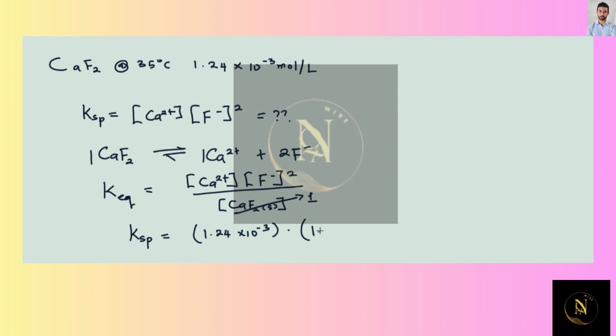So this will be 1.24 times 10 raised to power minus 3 all squared. This will give us 7.63 times 10 raised to power minus 9, and the unit will be mole cube per liter cube. So that's the answer.